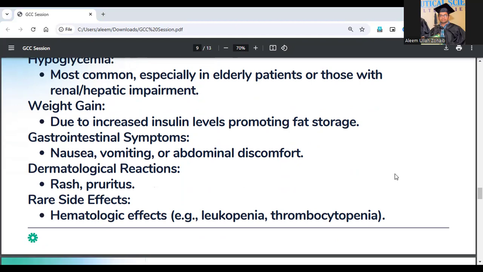Also, it delays the gastric emptying. Dermatologic reactions like rash and pruritus, these are the skin reactions. And rare side effects, hematologic effects like leukopenia, decrease in WBC, and thrombocytopenia, decrease in platelet count.